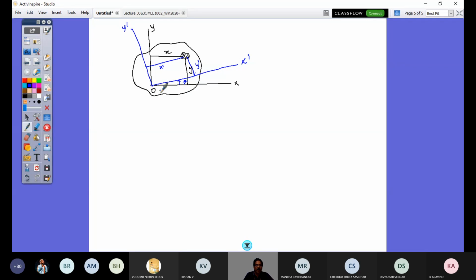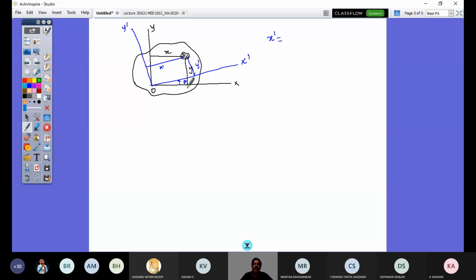So if this is so, I can define what my x' and y' are. This x' can be explained in terms of the x and y coordinates. For that, we have to understand this simple geometry.